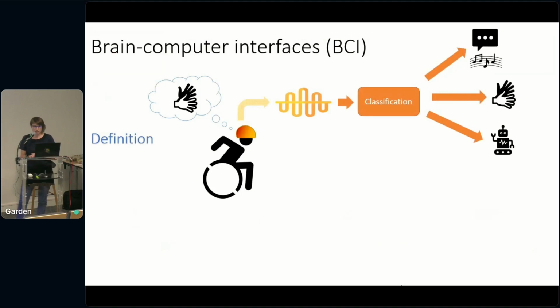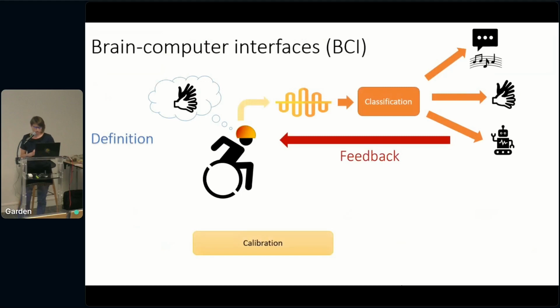And importantly, to be a BCI, the device has to include a feedback to the user to allow the user to learn from his brain activity if he's made an error or not. With patients, most of the time, they work with a calibration first, and after they can be used with a test phase.